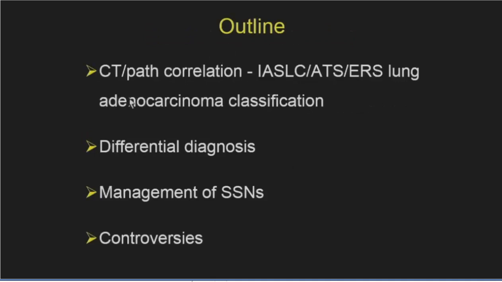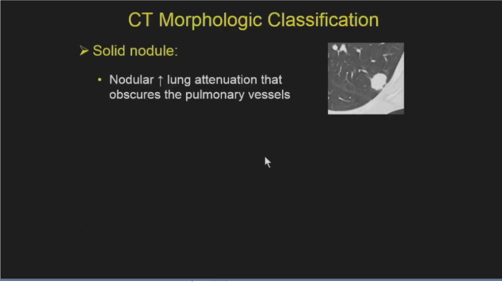During this presentation, I will be reviewing the main characteristics of subsolid nodules and CT anatomopathologic correlation. We're going to go over differential diagnosis and management of these lesions, and then some persistent controversies about characterization of these nodules.